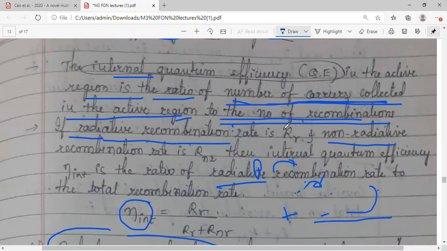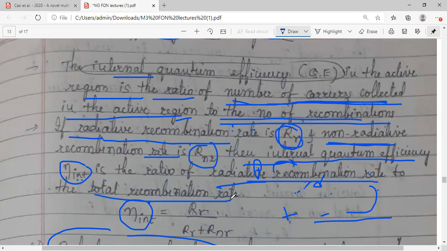Having understood these two terms, let us define the internal quantum efficiency in terms of these. If I take the radiative recombination rate, the rate at which recombination happens, that is RR. And non-radiative, the energy inside that is getting lost as heat, that rate is RNR. Then I can express the internal quantum efficiency, eta subscript INT, as the ratio of the radiative recombination rate RR divided by the total recombination rate.